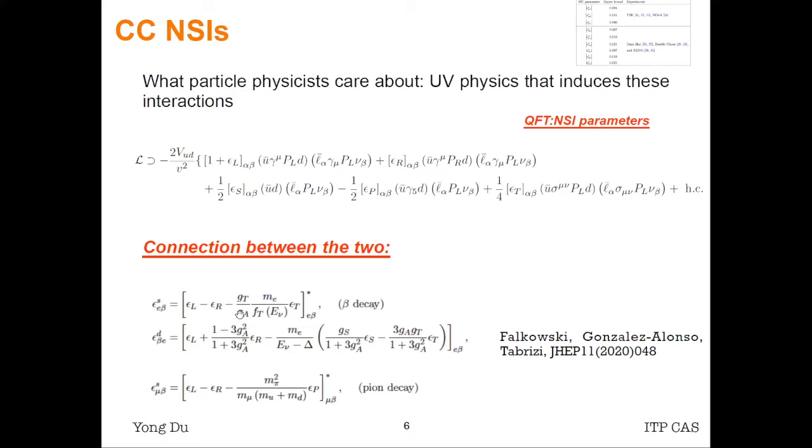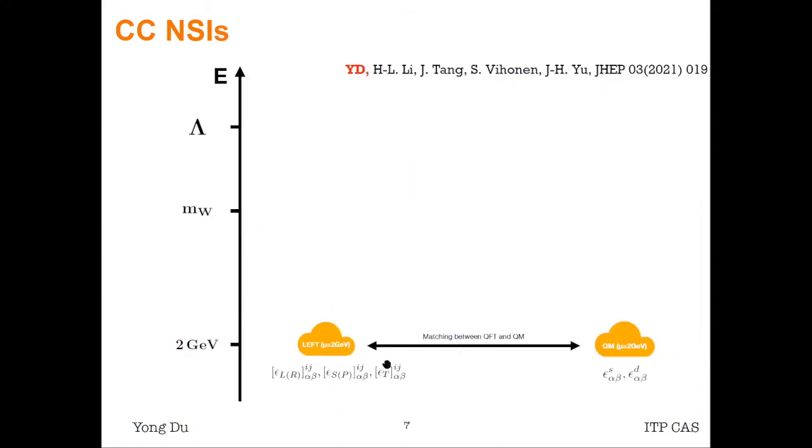Now, after performing the consistent matching, the production and detection parameters can be expressed as a linear combination of the NSI parameters, as you can see here. Using this matching formula, you can easily translate the upper bounds on these parameters onto those of the NSI parameters. This is shown pictorially here in this slide.